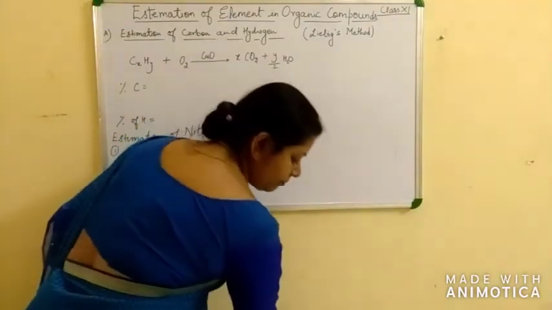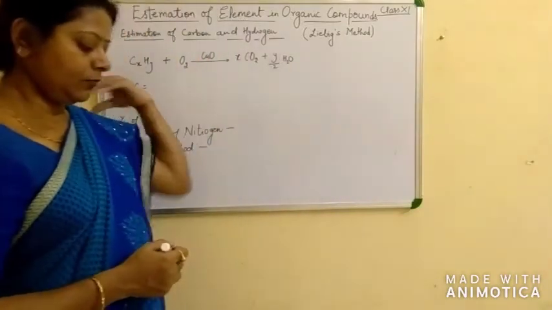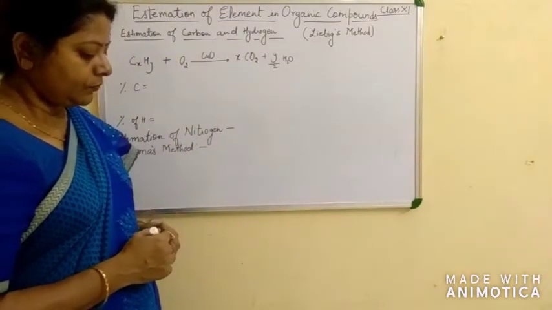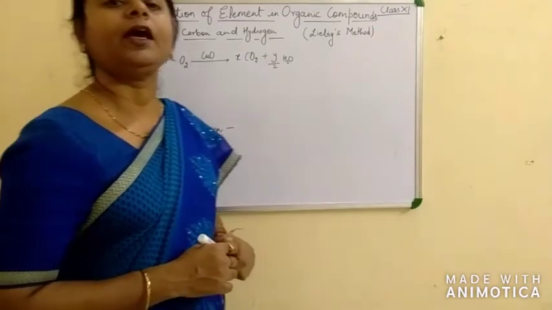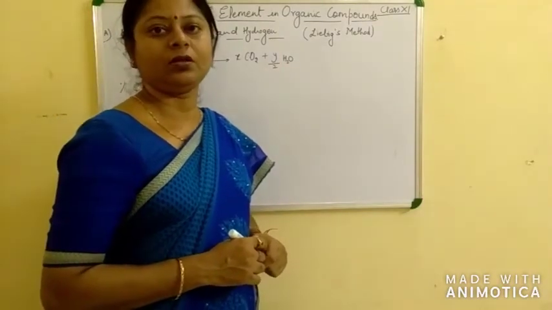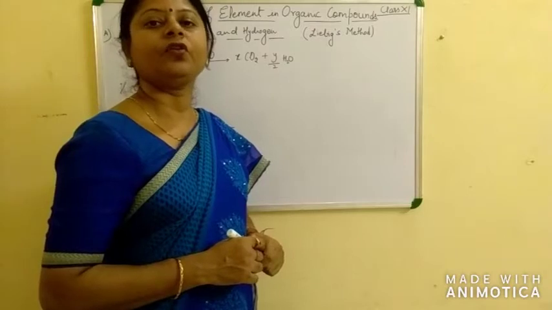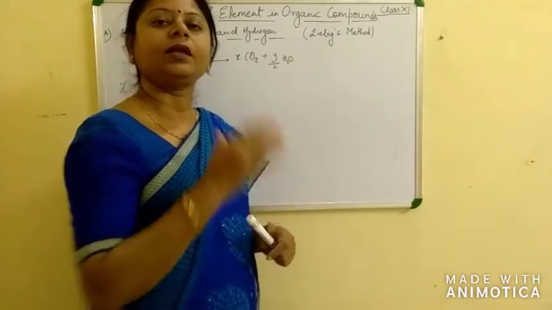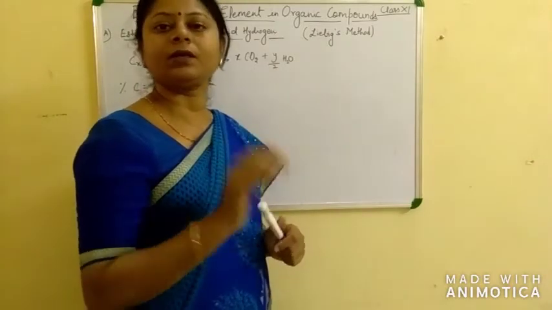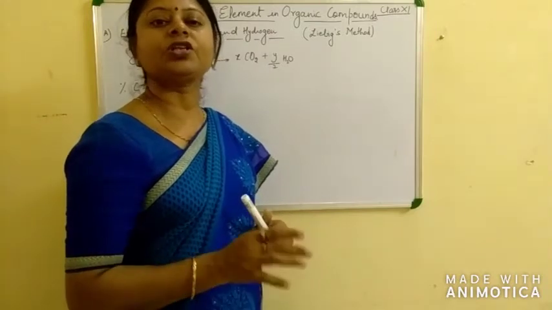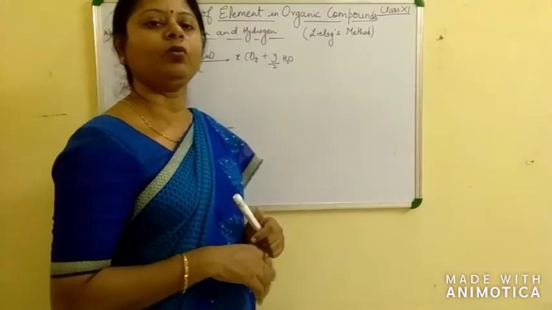Any organic compound, when heated in excess of oxygen in the presence of cupric oxide, the carbon and hydrogen present in the organic compound change into carbon dioxide and water molecule.